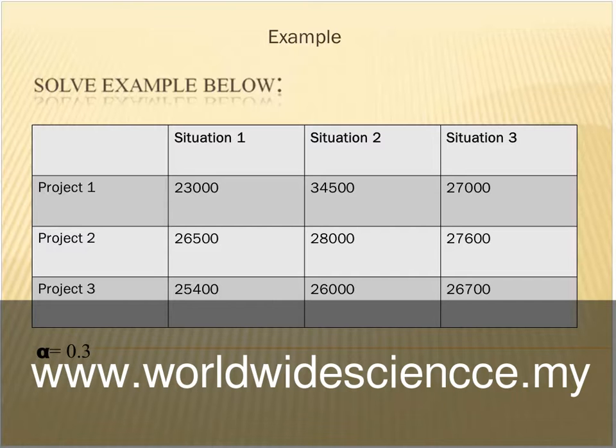Please write this now. Does everybody understand? Alpha equals 0.3 is for situation 1, and alpha equals 0.5 is for situation 2.